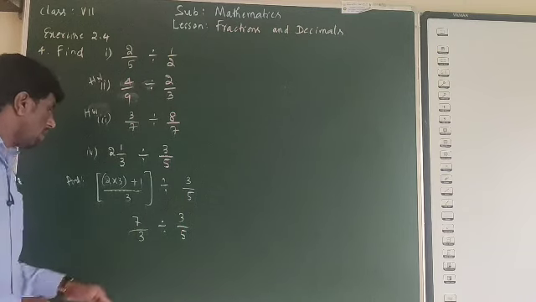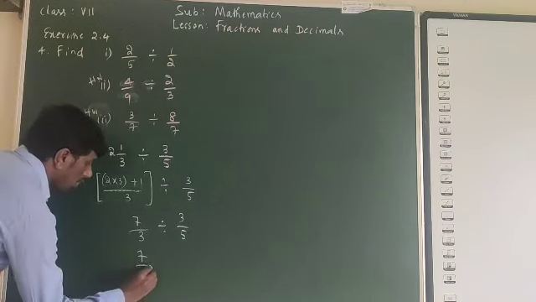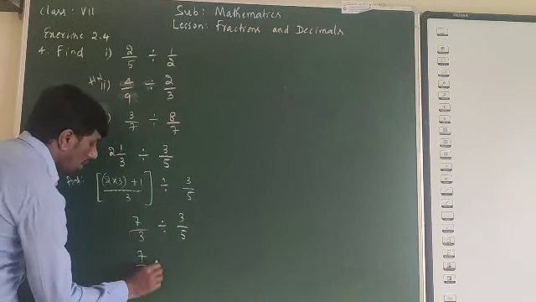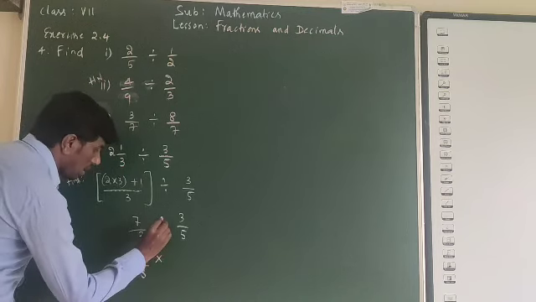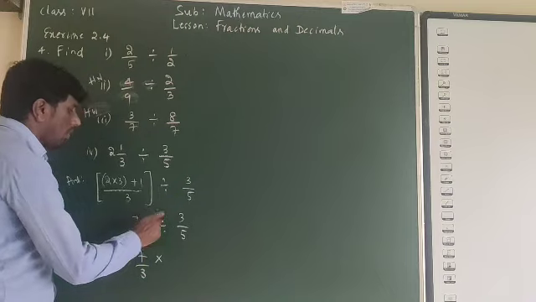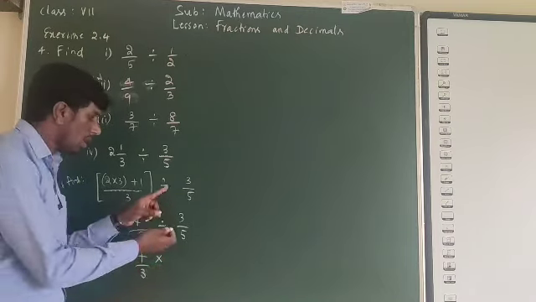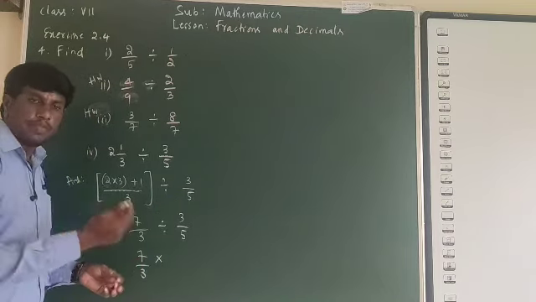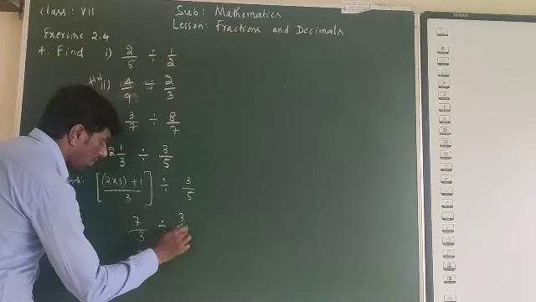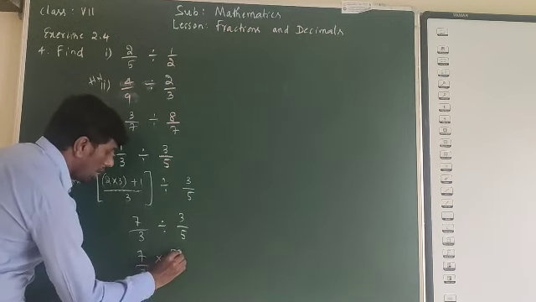Now write the first fraction as it is. Convert the division operation into a multiplication operation, then take the reciprocal of the second fraction. The reciprocal of 3 by 5 is 5 by 3.